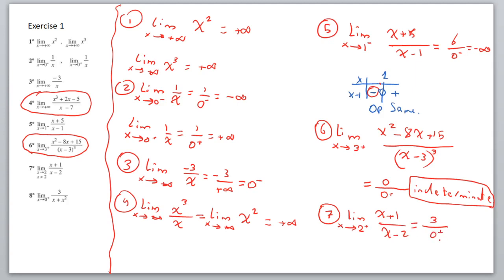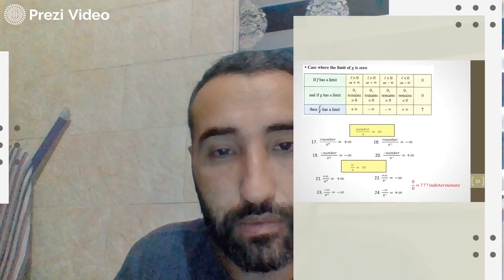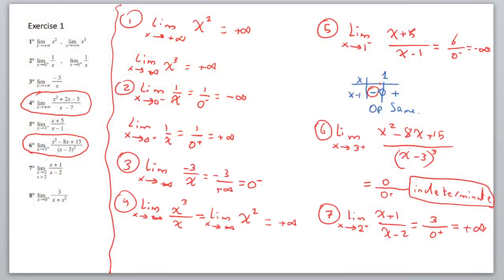It's clear that 2 plus means 2 point something, minus 2 is 0 plus. You can make a table for it. So it's a number over 0, infinity, and here it is plus infinity. When you get confused by this, you may go to the table. We will see how a number over 0 gives infinity; positive over negative, it depends on that.